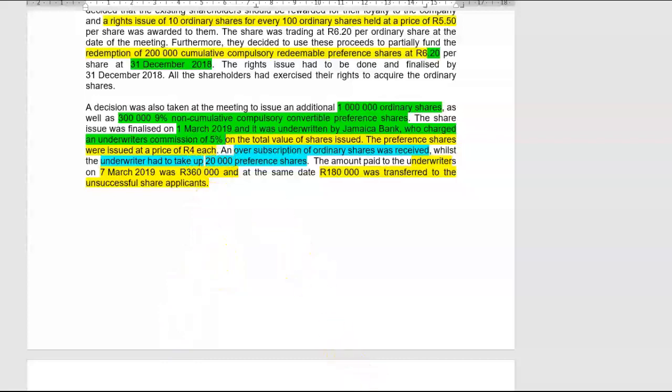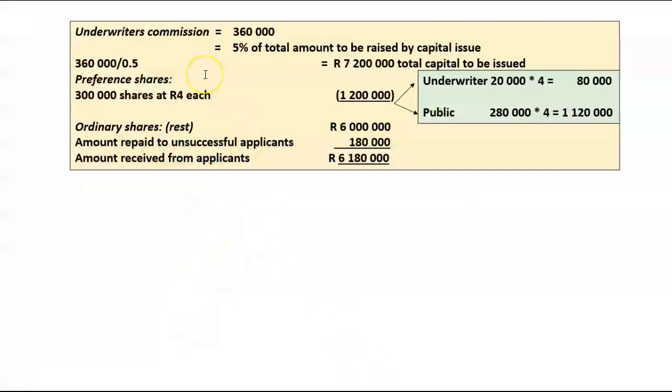So that means that we can work out the total value of the capital that they wanted to raise. So 360,000 divided by 5% equals 7.2 million rand. That is the total capital that they wanted to raise.